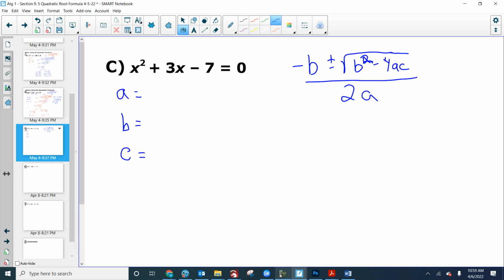Always make sure of that. What's a, guys? b is 3, and c? -7.